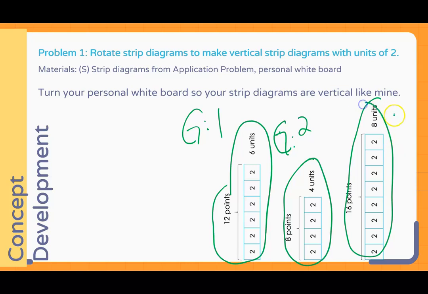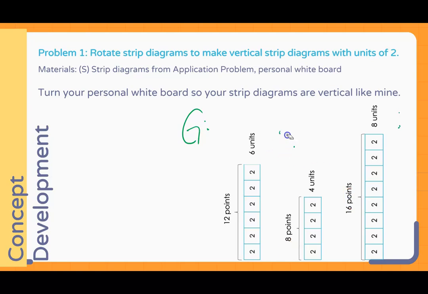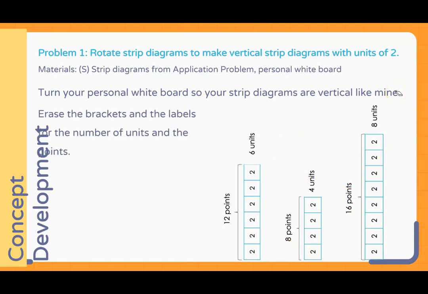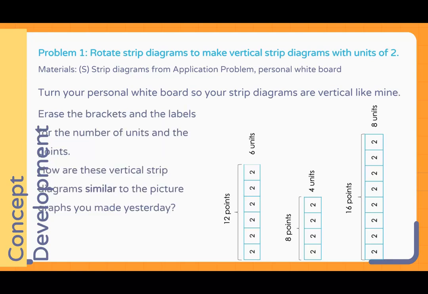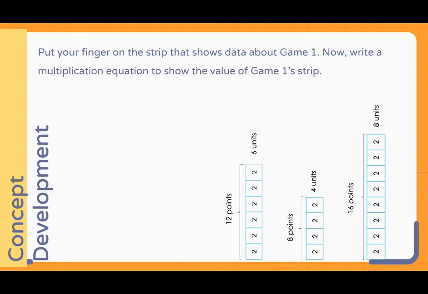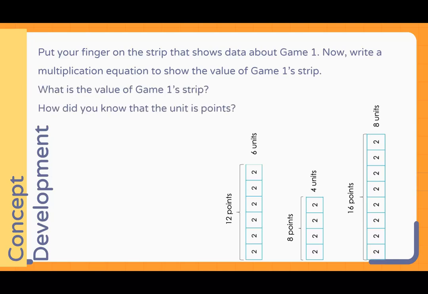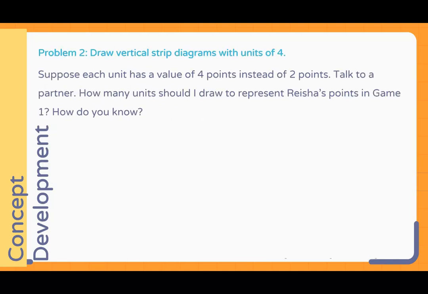And we have game 3. Now the equations would be the same. There would be no difference in the equations. It would be the same as we did earlier. Okay, we did these already.